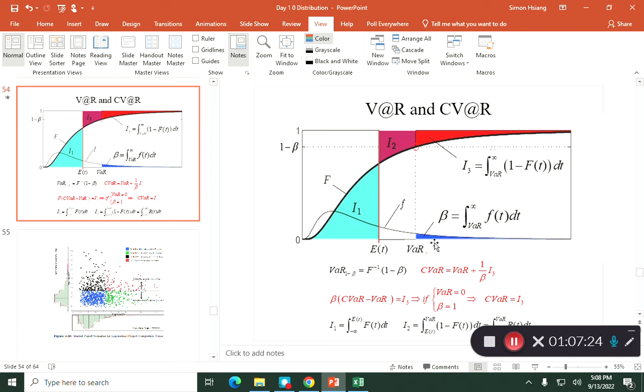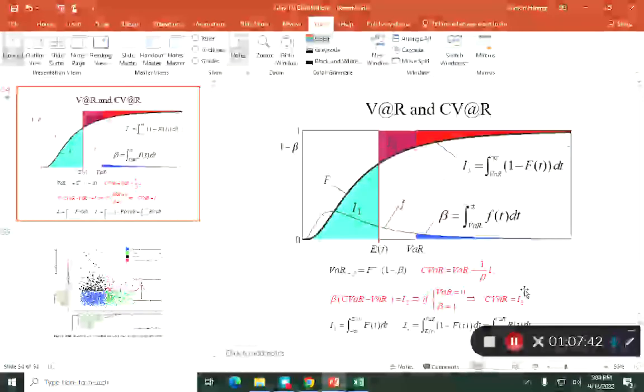When VAR increases, does beta increase or decrease? When VAR is getting bigger and bigger, VAR increases, beta will decrease.